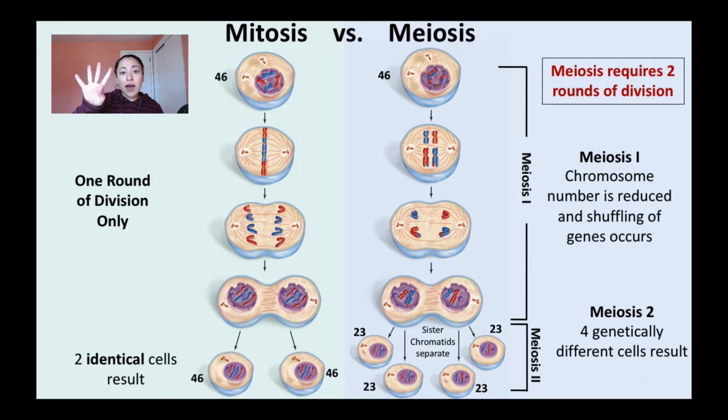Each one is haploid with 23 chromosomes. So again, meiosis starts with one cell. Meiosis 1 results in two cells, and then meiosis 2 results in those two cells dividing. So we end up with 4 daughter cells. Each one is haploid. Each one is genetically different from each other. Okay, so those are the big differences between mitosis and meiosis.